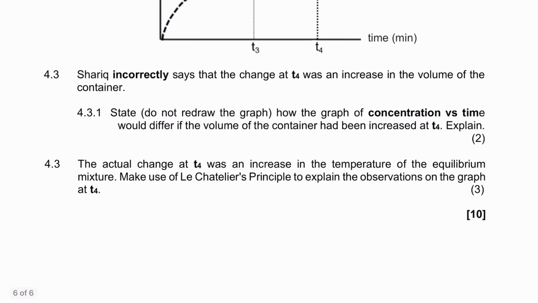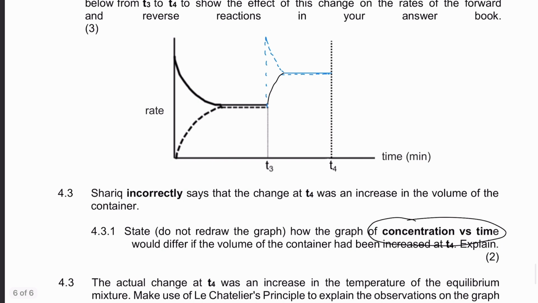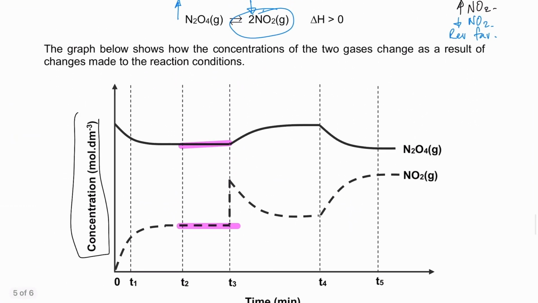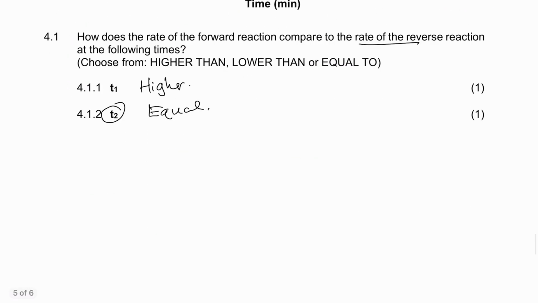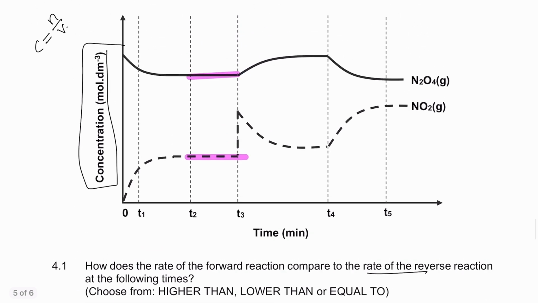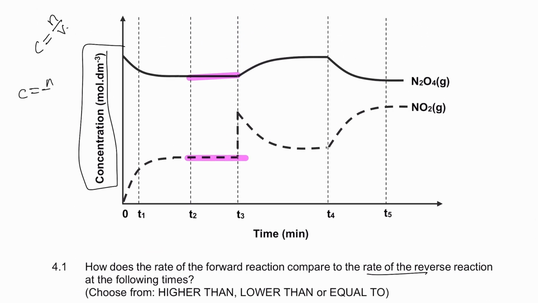Moving on, question 4.3. Sharik incorrectly says that the change at T4 was an increase in the volume of the container. Okay. State, do not redraw the graph, how the graph of concentration versus time would differ if the volume of the container had been increased. Okay. So remember, this is a concentration graph, and concentration is equal to number of moles over volume. So if the volume had increased, as Sharik said, concentration is number of moles over volume.